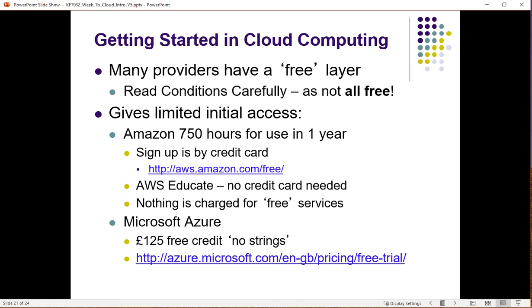I think it's currently $100, but you have to use it within a certain amount of time. So you can use more services on Azure to start off with, but then it expires a lot quicker, whereas Amazon will give you 750 hours of compute essentially for a year.